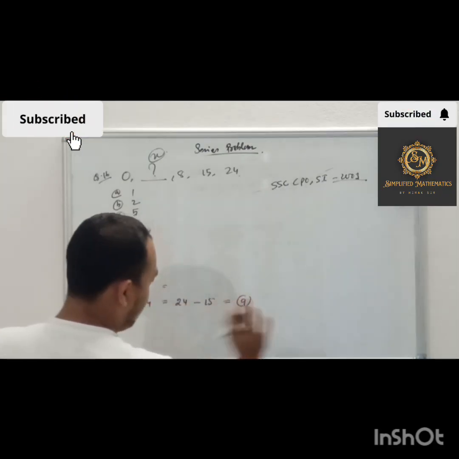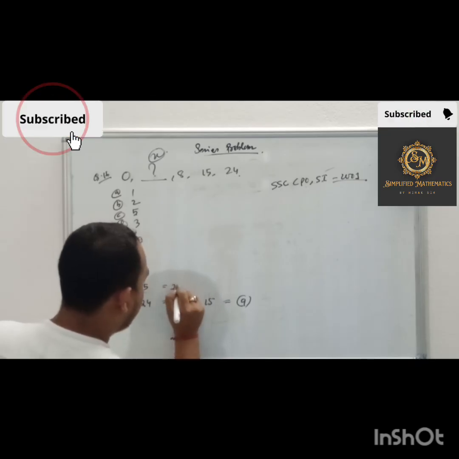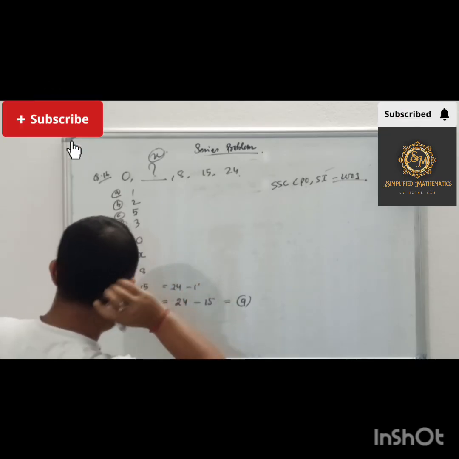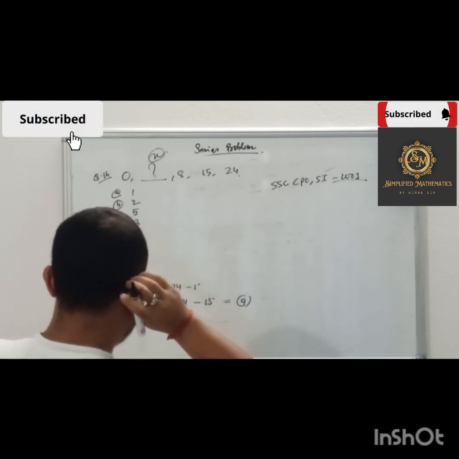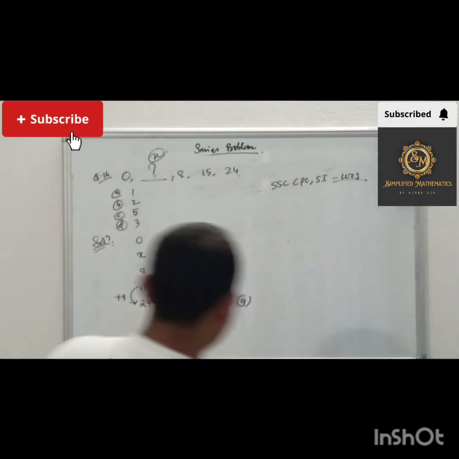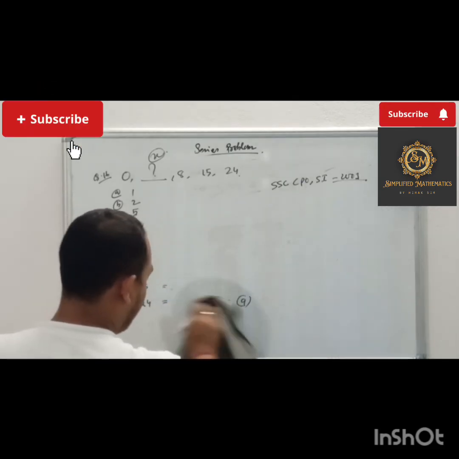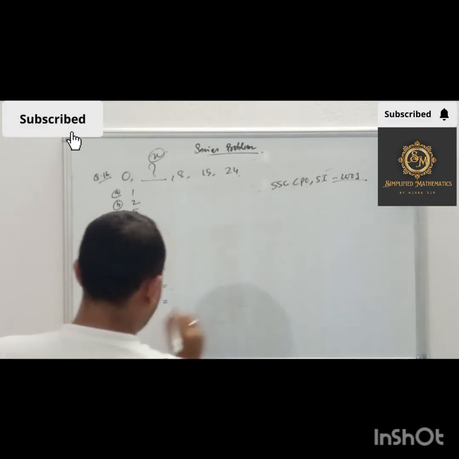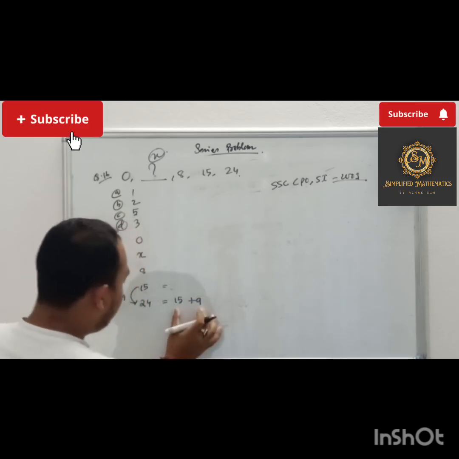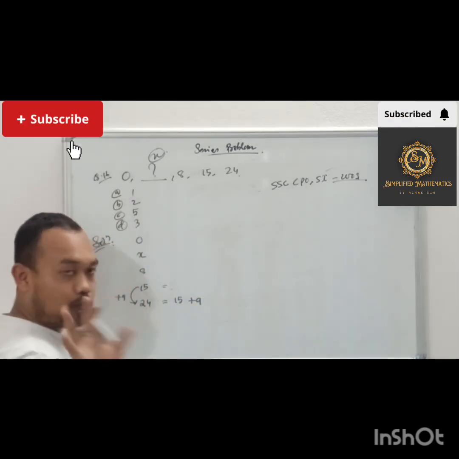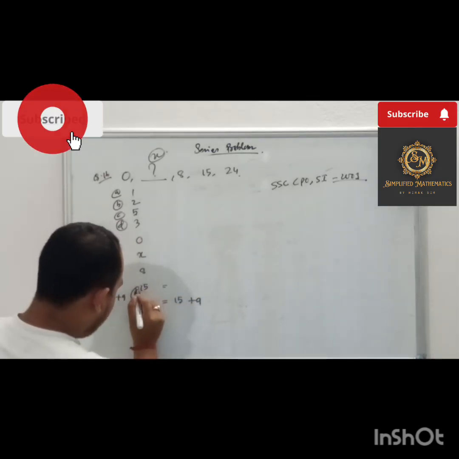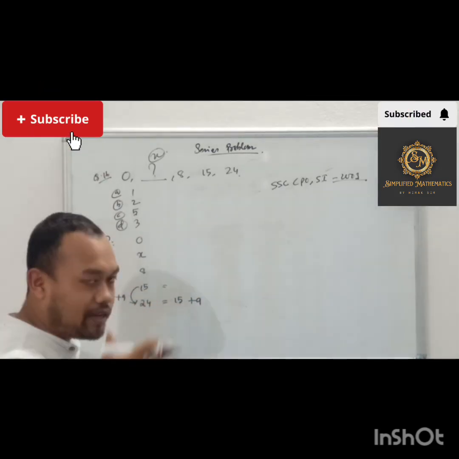There will be a better way to write this problem. You can write like this: 15 plus 9, we are getting 24. So from here to there, plus 9 is the difference.